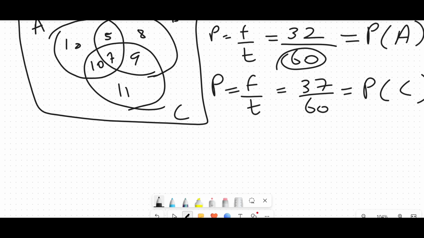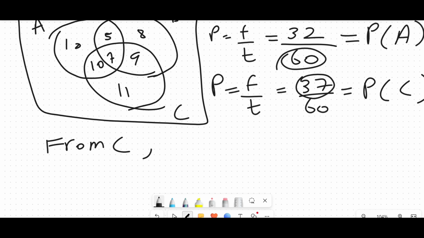But what if I impose a condition? If I say a person is picked at random from C, it means that our set is now limited to only the elements of C, which are 37.